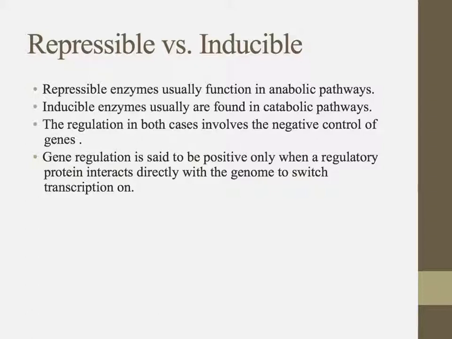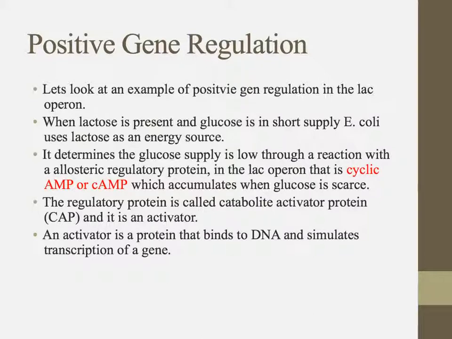Gene regulation is said to be positive only when a regulatory protein interacts directly with the genome to switch transcription on. We're going to talk about that further on the next slide. Positive gene regulation. Let's look at an example of positive gene regulation in the lactose operon.